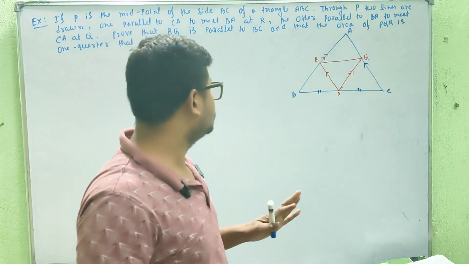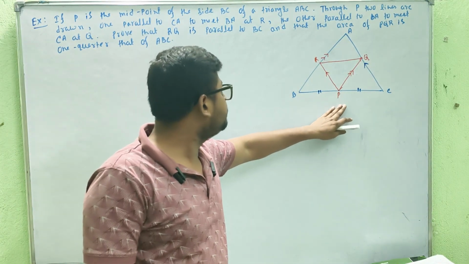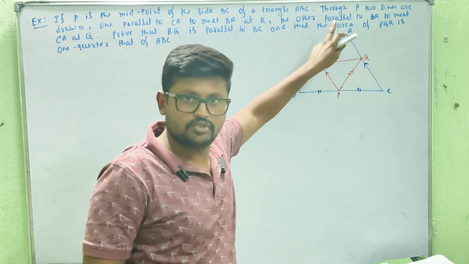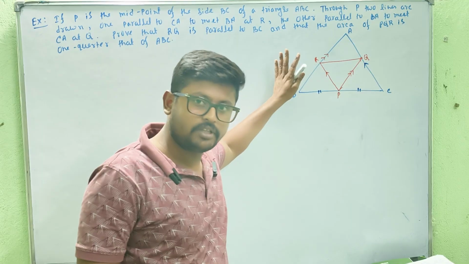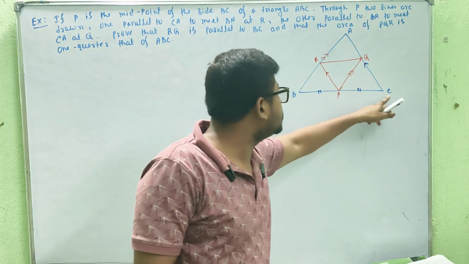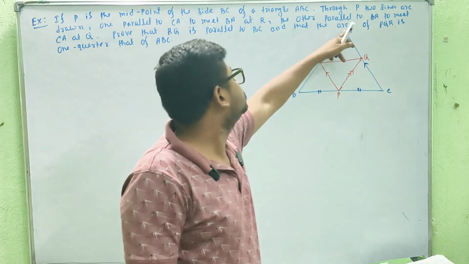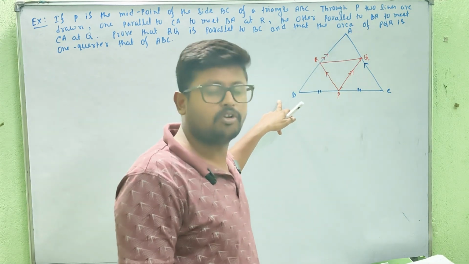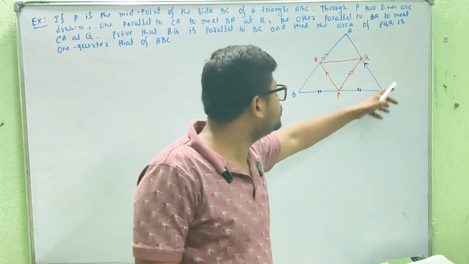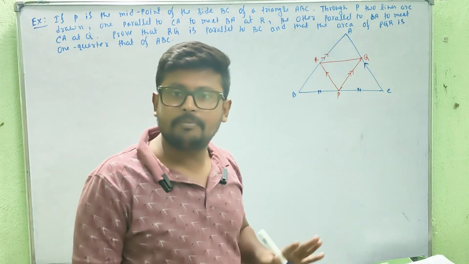It is given in the question that P is the midpoint of BC. Okay. And the line PR is parallel to the side CA. So we can use the converse of the midpoint theorem. Since the side PR is parallel to the third side CA, this means PR bisects the side AB by the converse of the midpoint theorem.